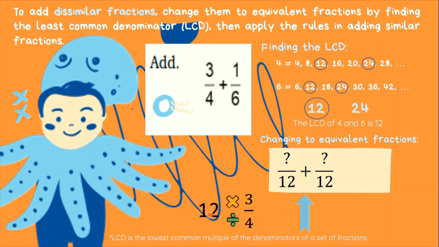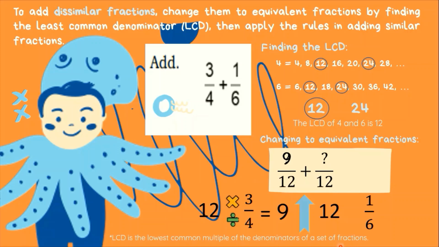Kaya naman, 12 divided by 4 is 3. At pataas, 3 times 3 is equal to 9. Ang number na makukuha nating sagot dito sa prosesong ito ay ang gagamitin nating numerator. Therefore, 3/4 is equal to 9/12. Equivalent fractions sila. Gawin naman natin yung proseso kay 1/6.